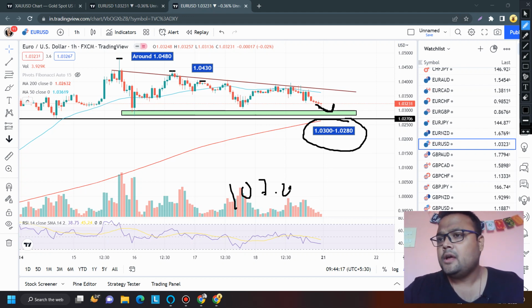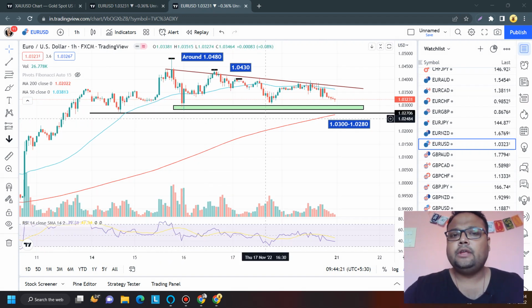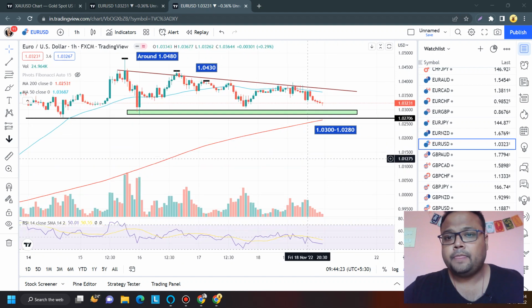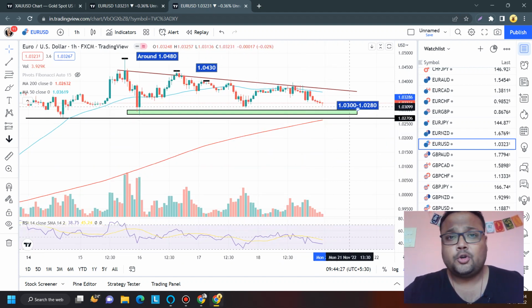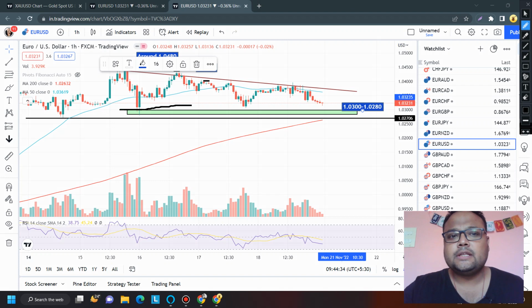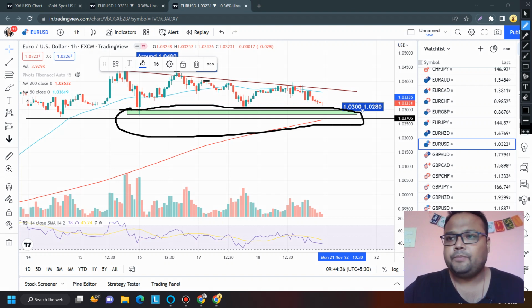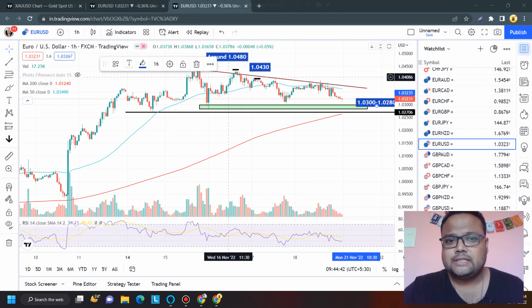One thing that you need to know is that on the chart of Euro USD we have a big resistance zone: 1.0300, 1.0280, plus we also have 1.0270 as well. So this is a big resistance zone for Euro USD. We are considering this because of previous strong price rejection around this level, as well as Fibonacci retracement.